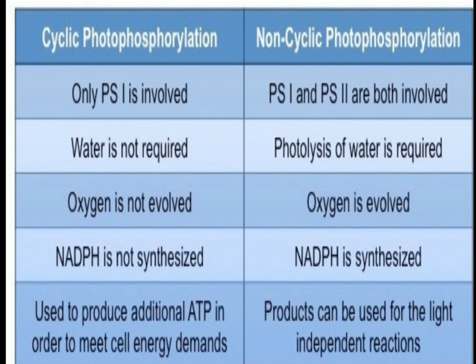photophosphorylation. In cyclic photophosphorylation, only photosystem 1 is involved, whereas in non-cyclic, both the photosystems PS1 and PS2 are involved. Regular supply of water is not required in cyclic photophosphorylation, because once the splitting occurs the electron becomes a continuous source, whereas the photolysis of water is required in non-cyclic photophosphorylation.